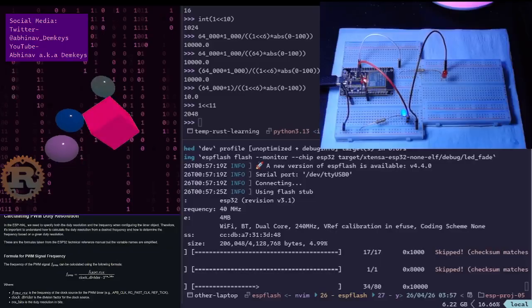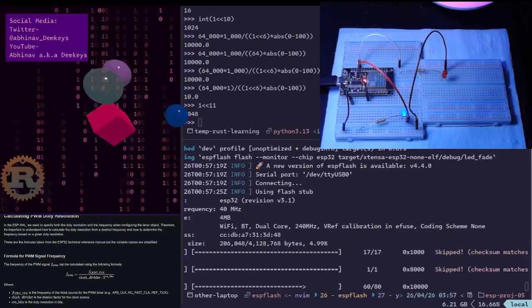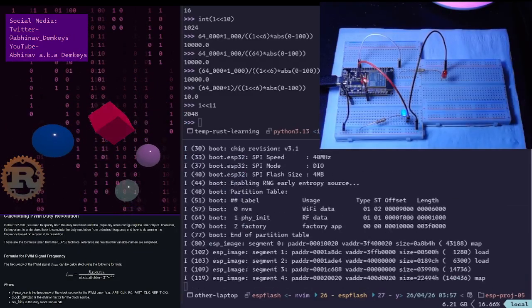I'm hoping that if we set it to a value that causes some sort of error, then it's going to report back the error.